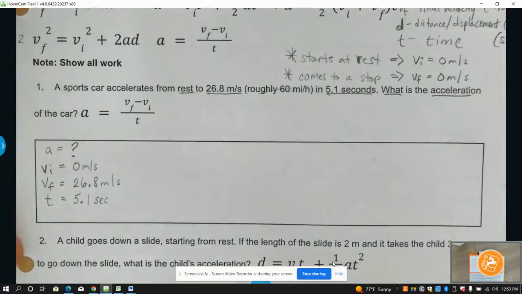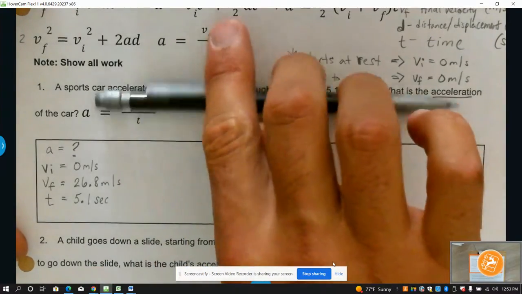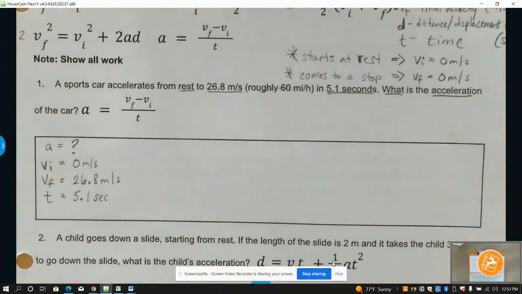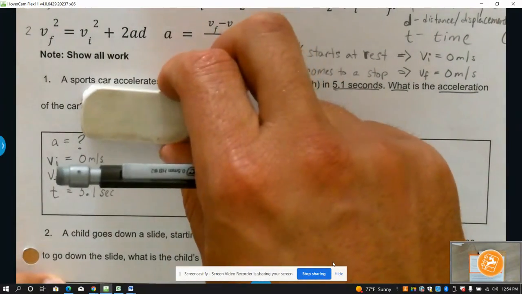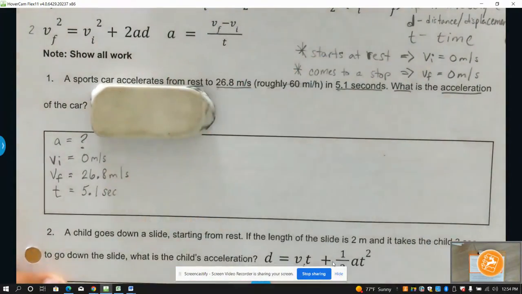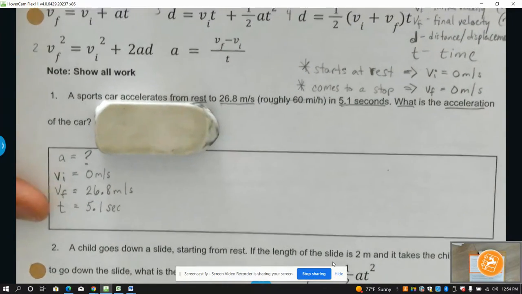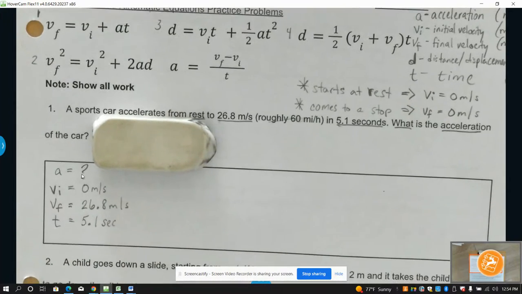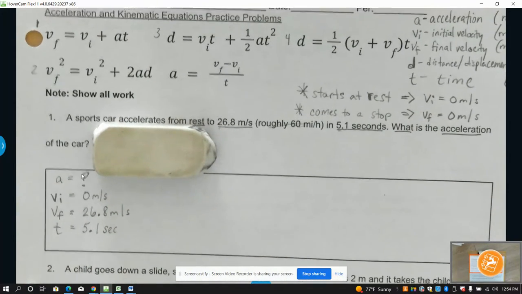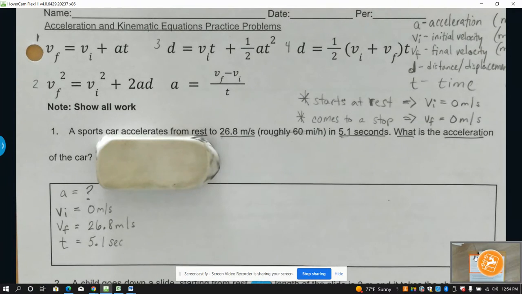So how you would do this if this wasn't here right now? You would have to look at your equations at the top and figure out which one you would need to use. You need the equation that has, all right, all four of these variables.